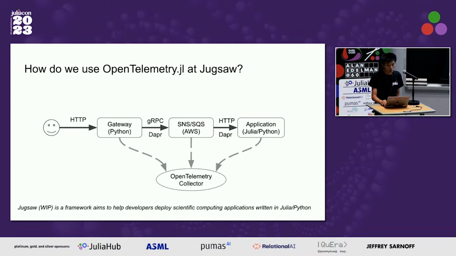So how do we use OpenTelemetry.jl at Jigsaw? Jigsaw is still a work-in-progress project that aims to help developers deploy scientific computing applications right in Julia and Python.